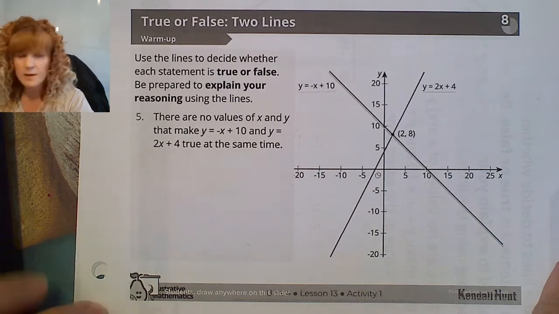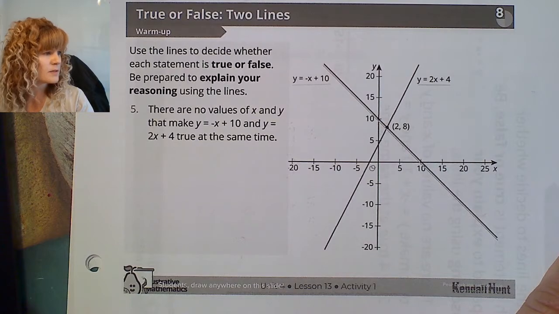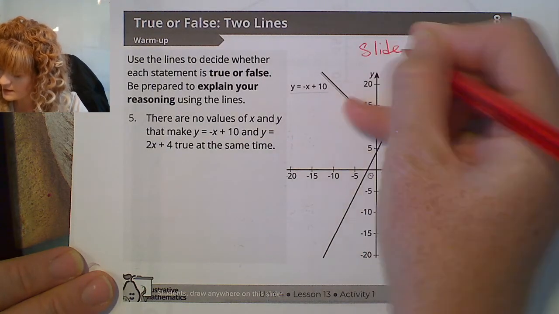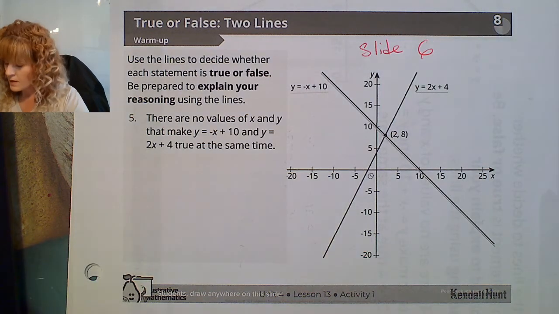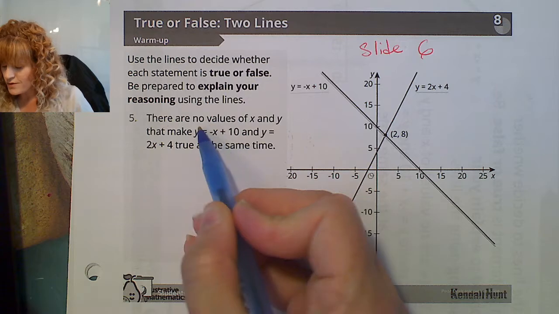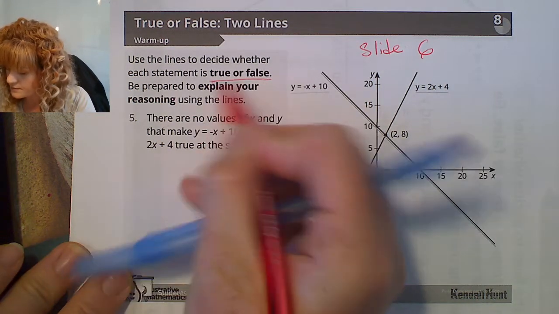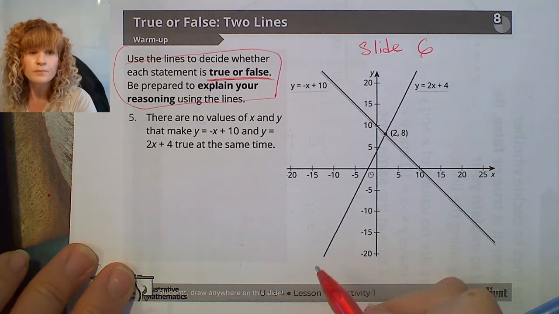This is slide number 6, but let me double check. Slide 6. In your assignment, this is the same as slide 6. I just printed it out. It says there are no, wait a minute, this is a true or false again, sorry, true or false. Make sure that you read the directions on every slide.